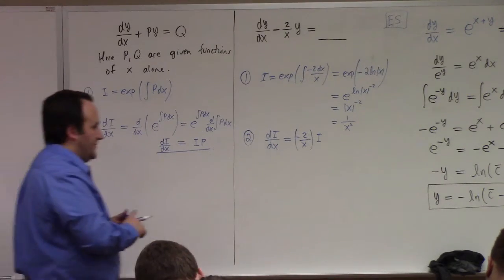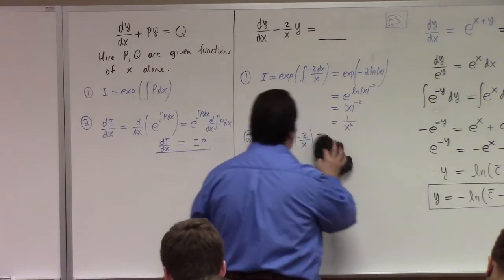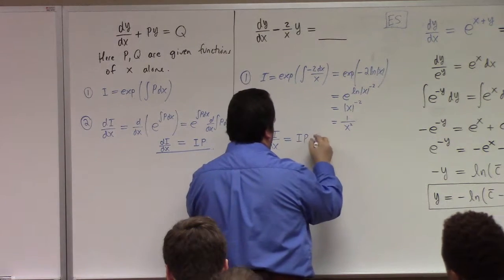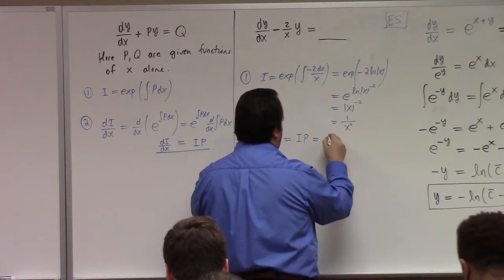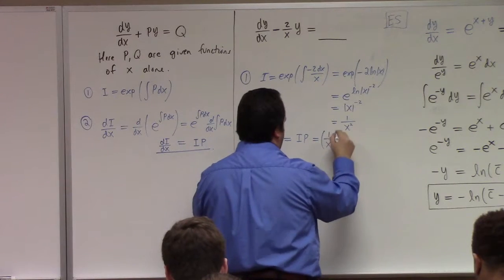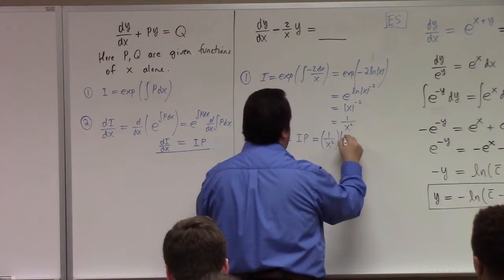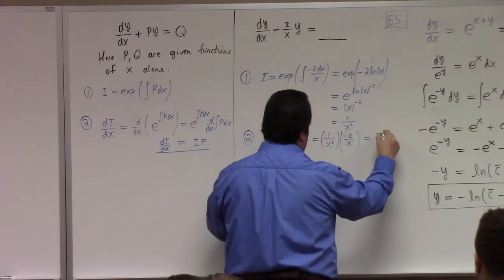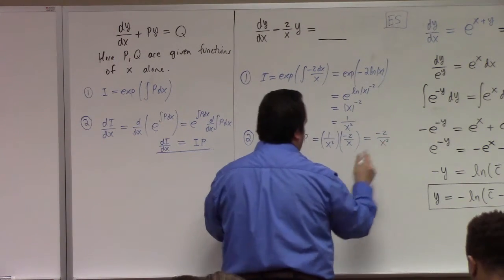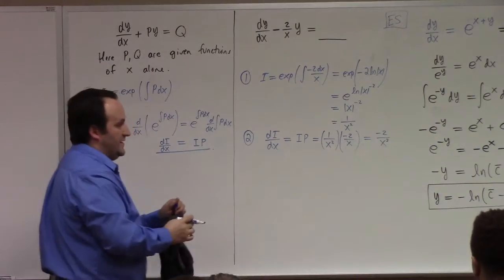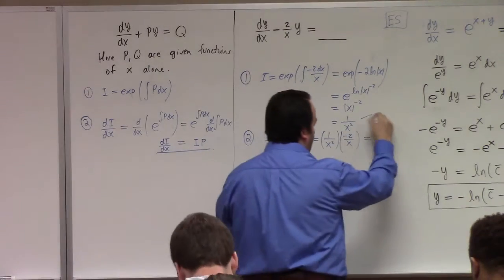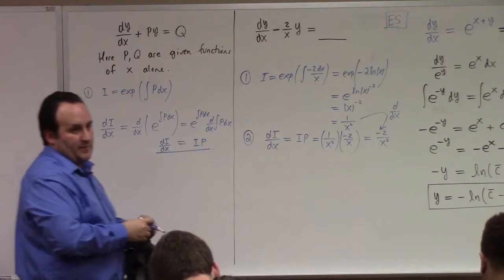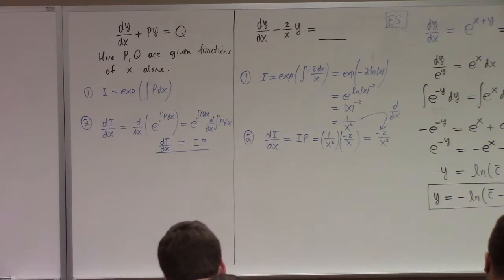I should say I times p. Sorry, I did pI. So what is I? I here was 1 over x squared. What's my p? My p was minus 2 over x, right? And so that gives me minus 2 over x cubed, which is, in fact, yes, what we get from differentiating that, right? I'm showing you it works.